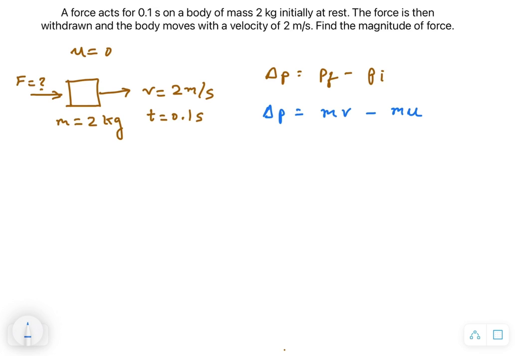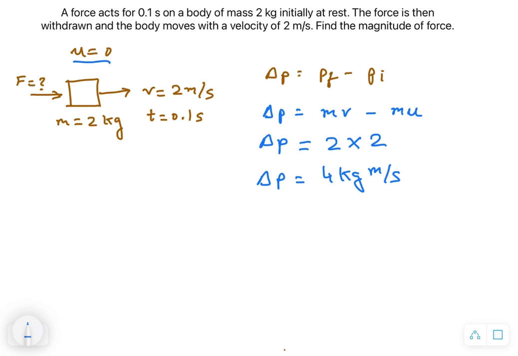Initial velocity was 0, so this term will be 0. So delta P will be equal to mass, which is 2 kilograms, multiplied by the velocity, which is 2 meters per second. So delta P will be 4 kg meters per second.